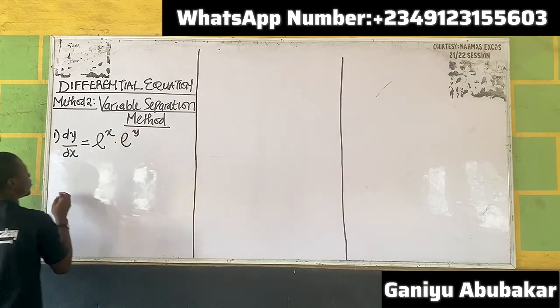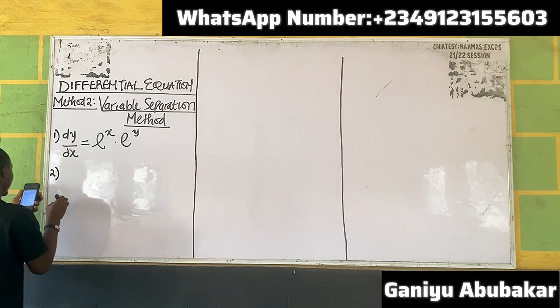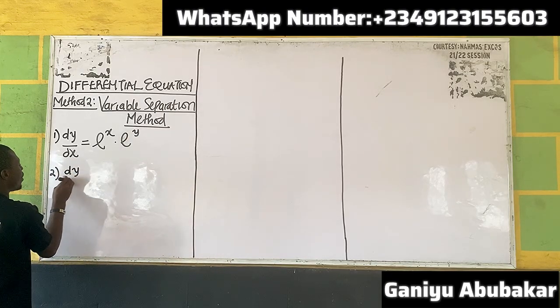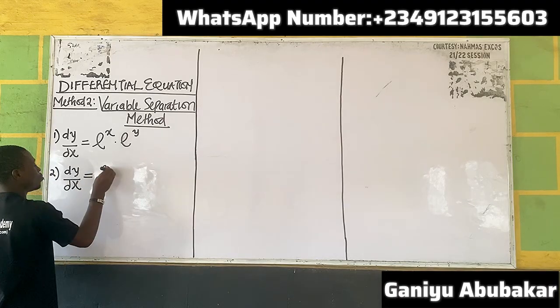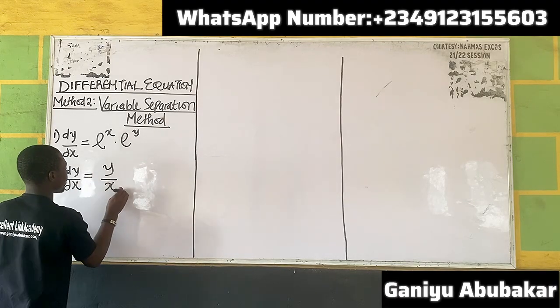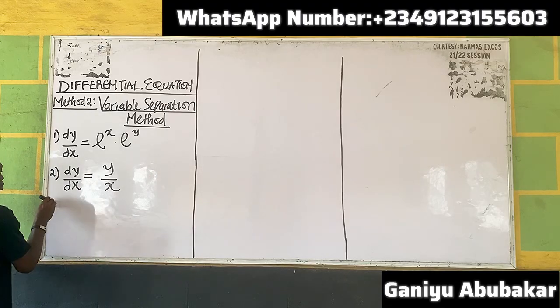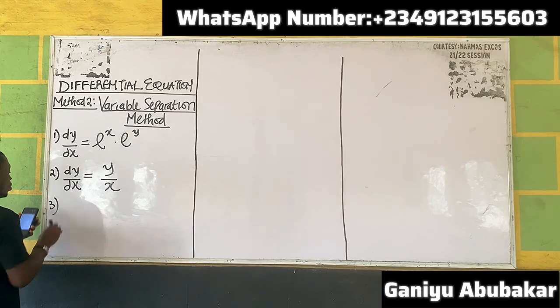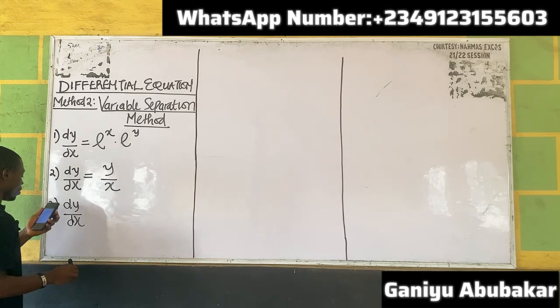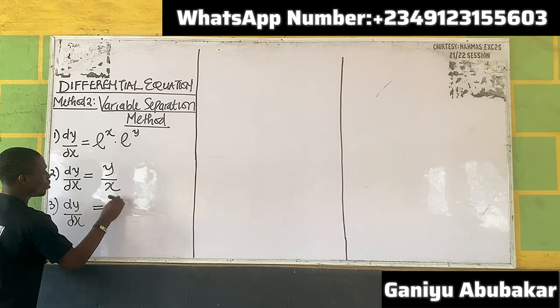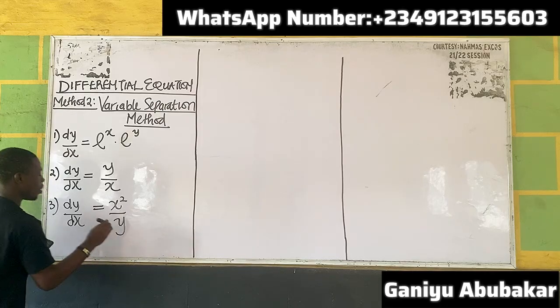Exponential y. Second example, dy over dx is equal to y over x. Number three, dy over dx is equal to x squared over y.